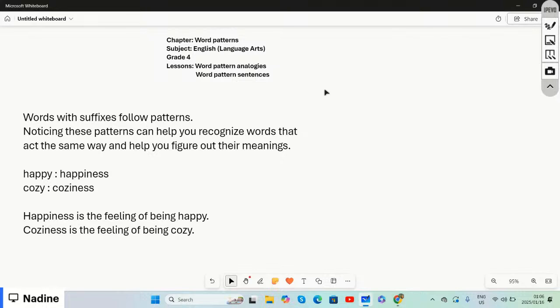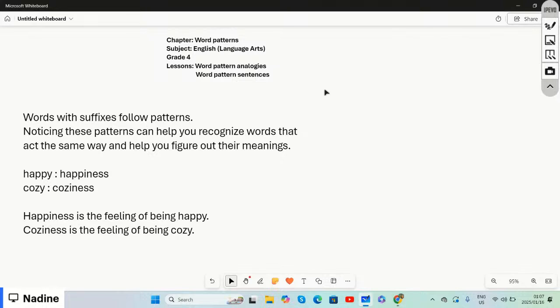And noticing these patterns can help you to recognize the words that act the same way, and it can help you to figure out their meanings. Because remember, we even said that once you add a suffix to your base word, it creates a new meaning.